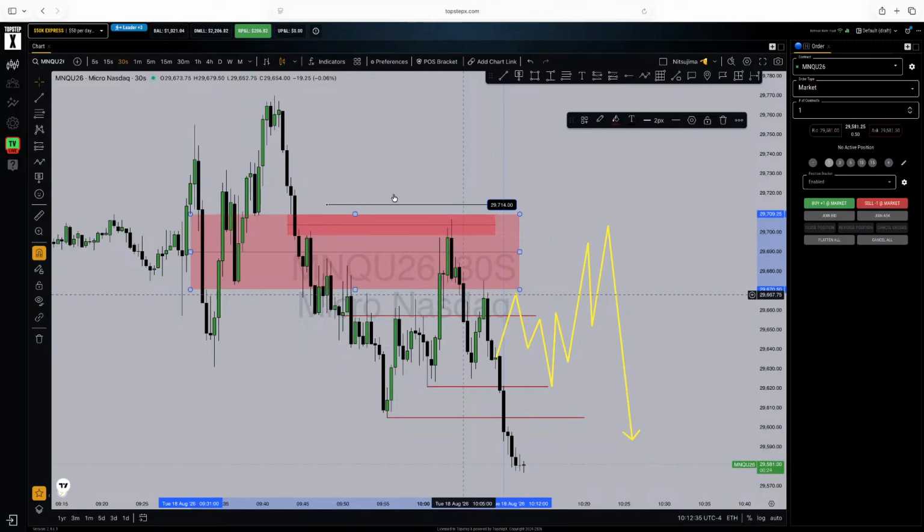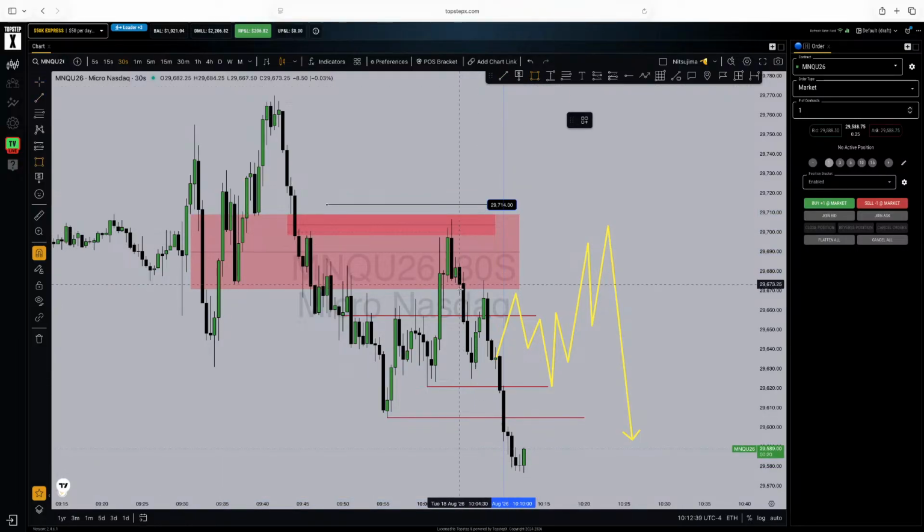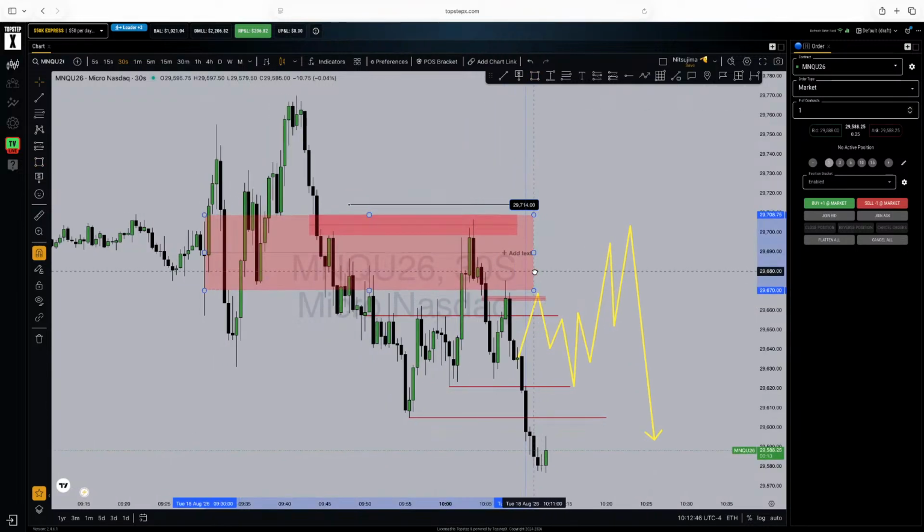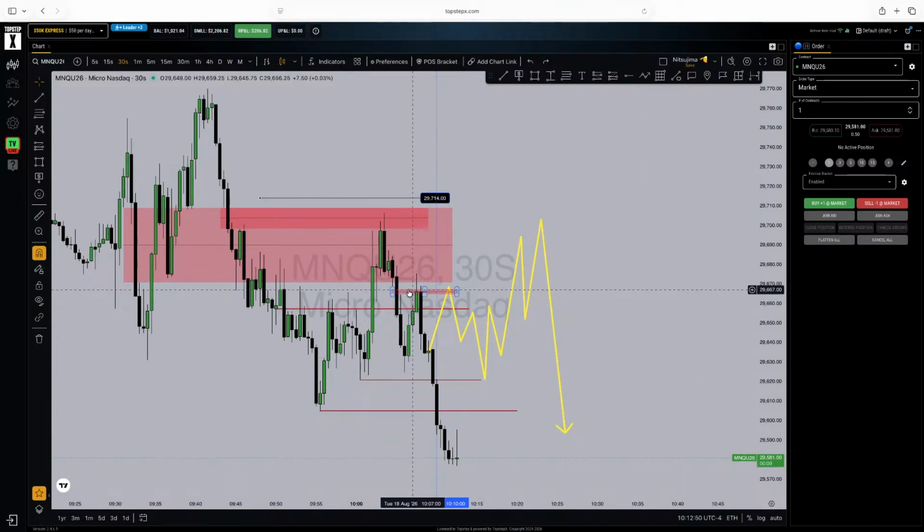We have a box, actually. So we have an inefficiency here, the SIBI right there. We also have the high, and then this wick, and this is the last series of up close candles.